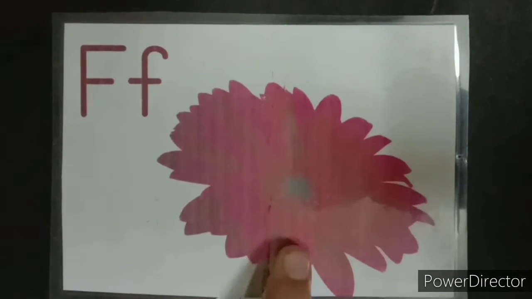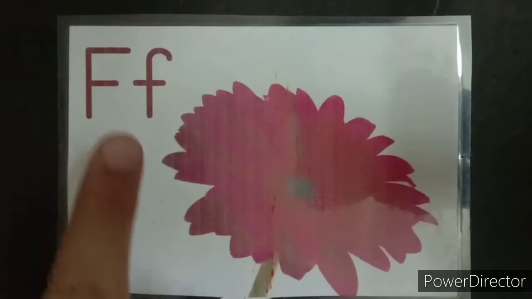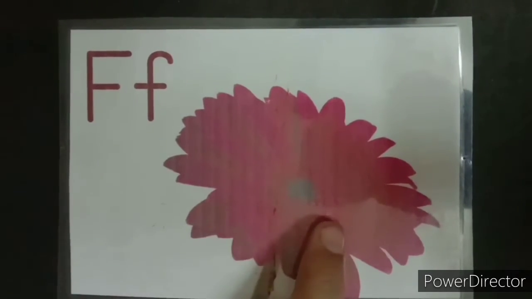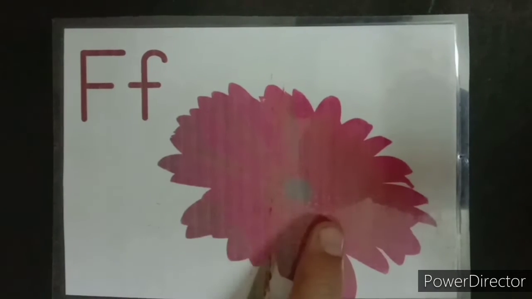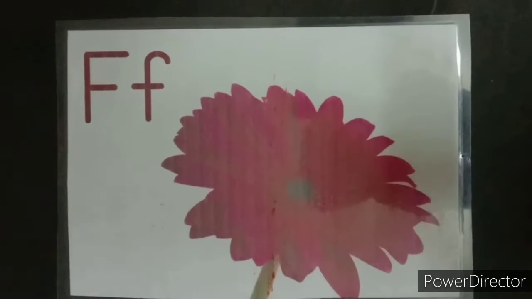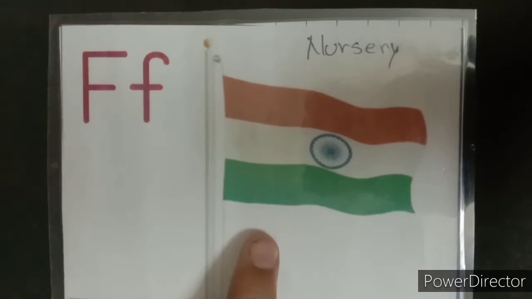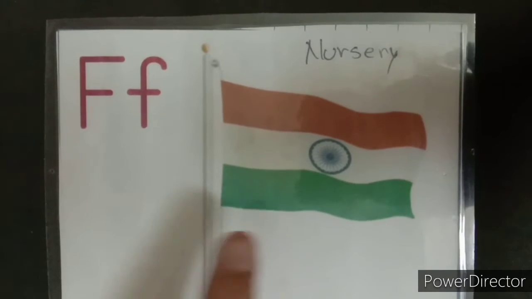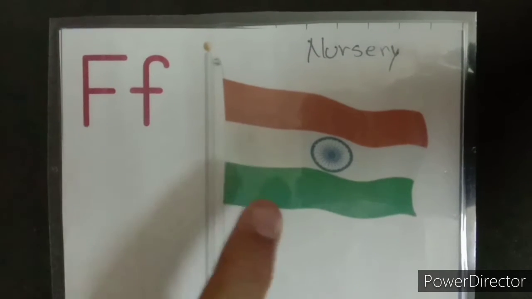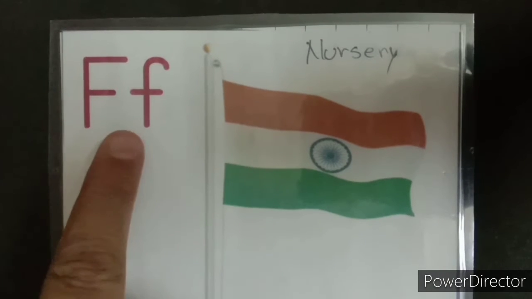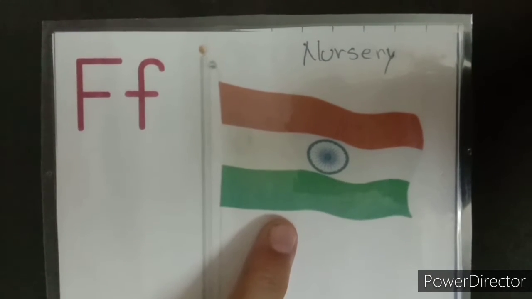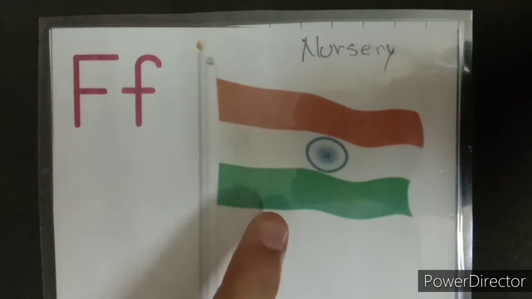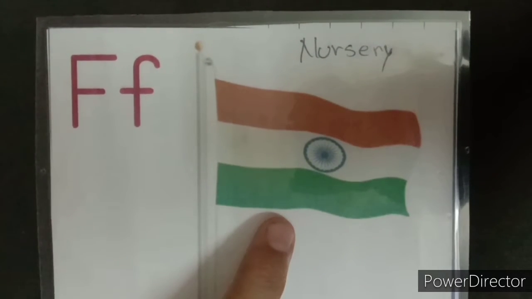This is the picture of flower. F for flower. F says f as in flower. This is the picture of flag. F for flag. F says f as in flag. You know, children, this is our national flag.